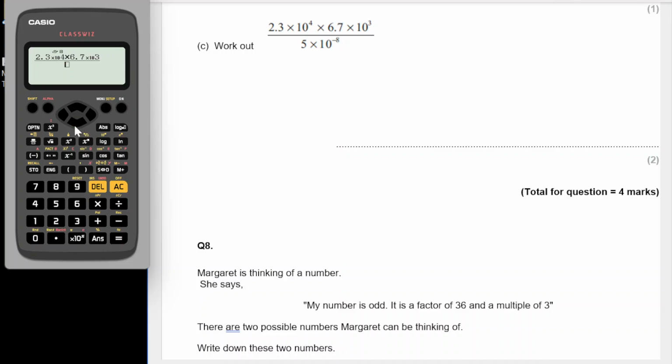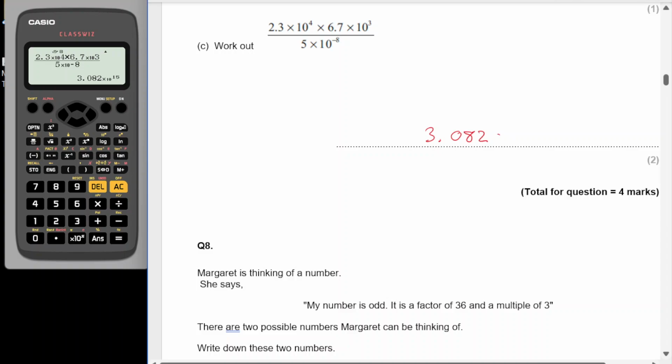And I want to divide that by 5 times 10 to the minus 8. So just double check that I've typed everything in right and not made any mistakes. All looks fine. That gives me the number 3.082 times 10 to the 15.